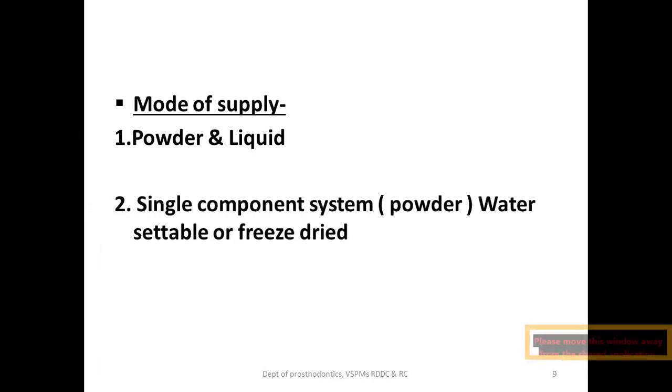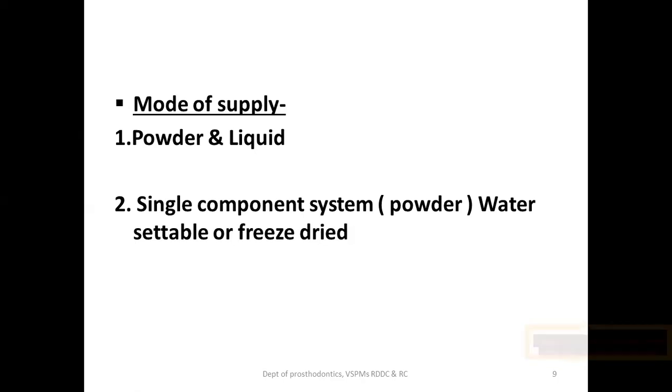It is also available in a single component system, where the liquid is freeze dried, ground to a powder form, and added into the powder component. During manipulation, it is just mixed with distilled water. But it is seen that the properties have not been changed by such a modification.